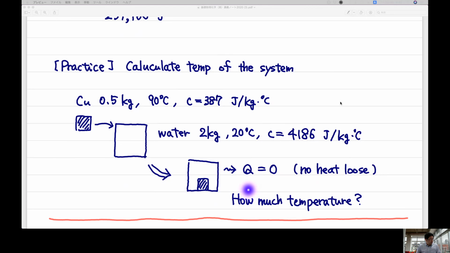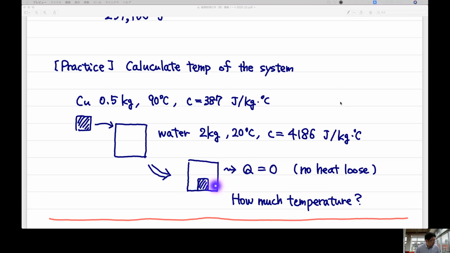I mean, the copper changes to a lower temperature, water changes to a higher temperature. But the final temperature should be the same.